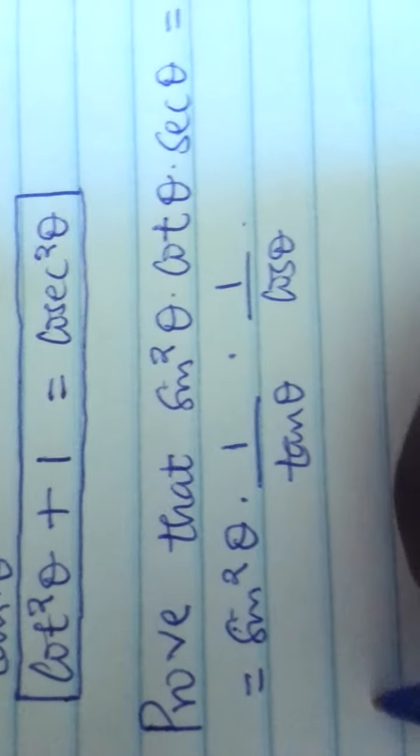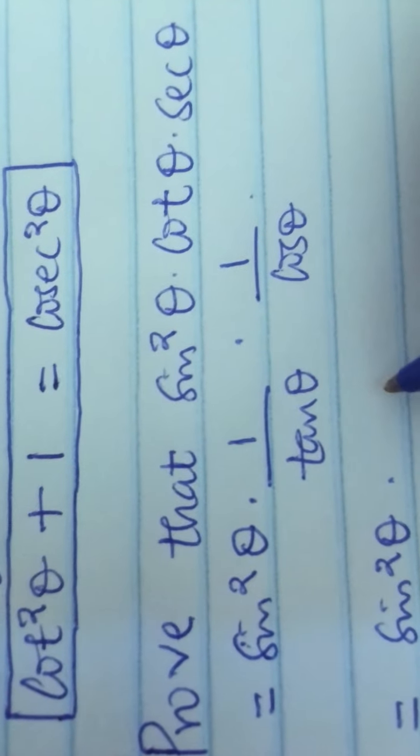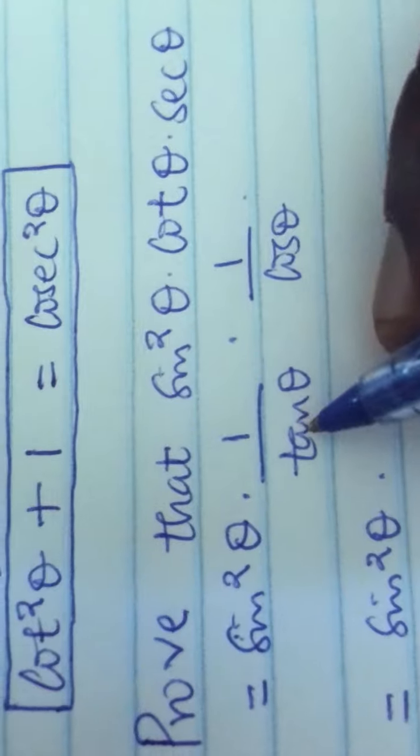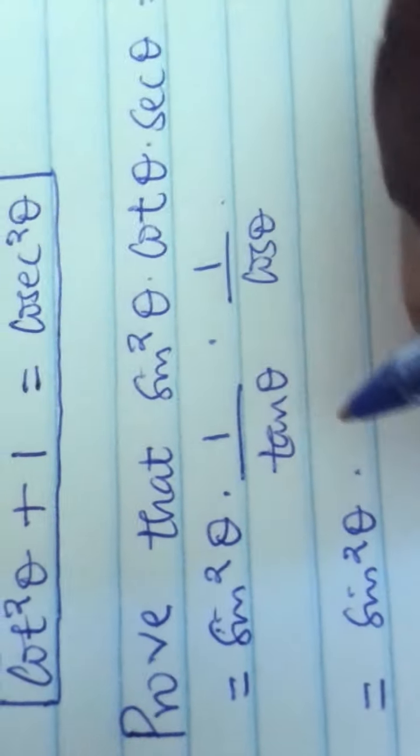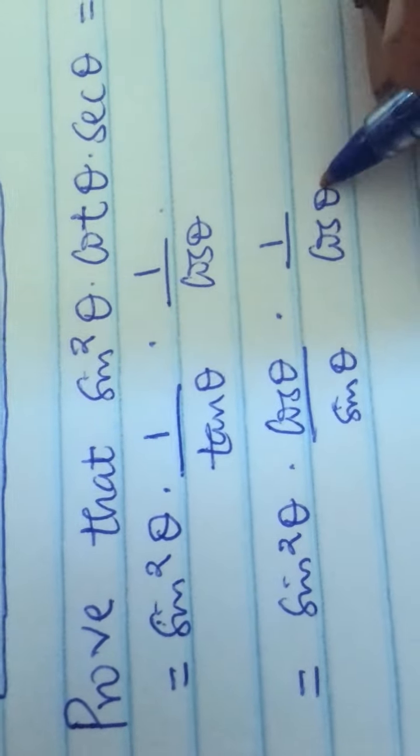So this will be equal to sine squared theta times 1 over tan. Tan is the same as sine over cos, so it will make a reciprocal. It becomes cos theta divided by sine theta, then times 1 over cos of theta.